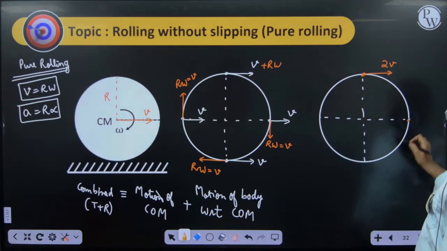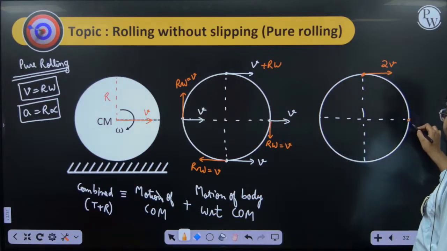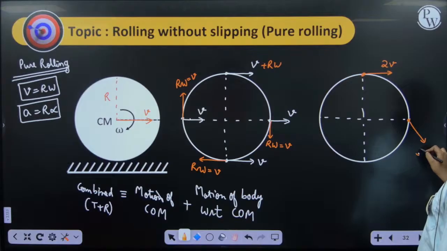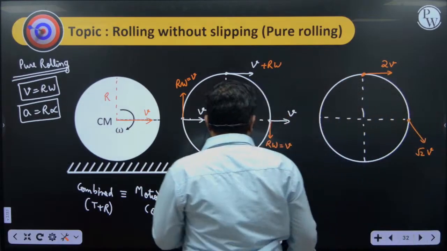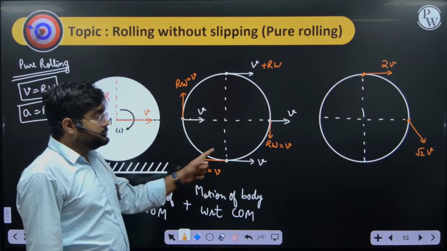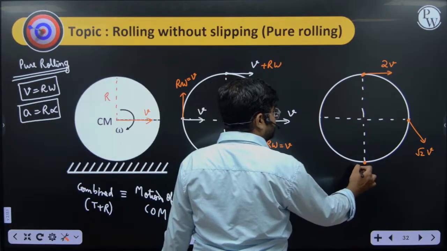This point has v speed like this and v speed like this, so the net speed comes out as root 2 v. What about the bottommost point? The v and v got cancelled, so the linear speed of this point is 0.